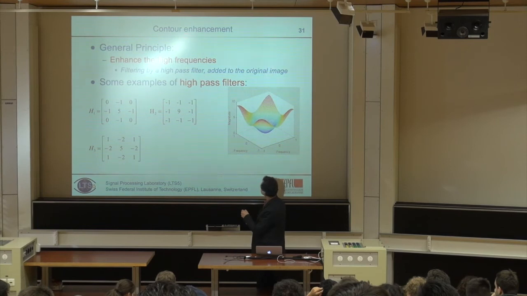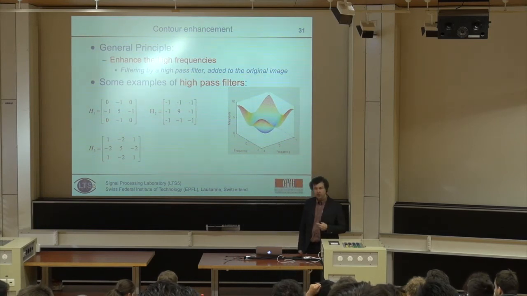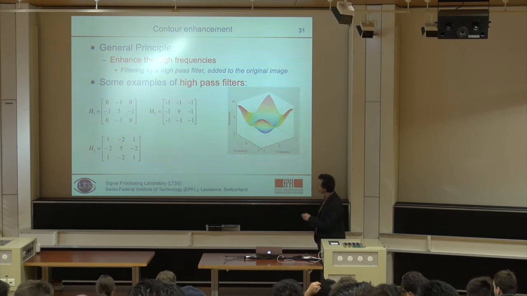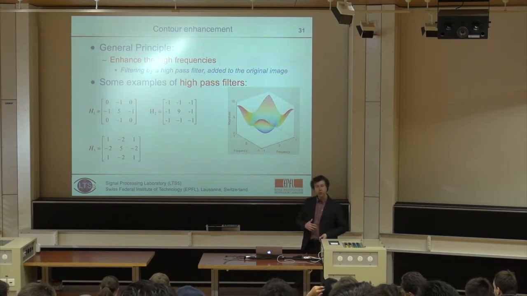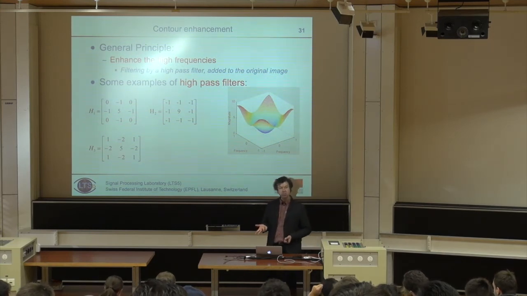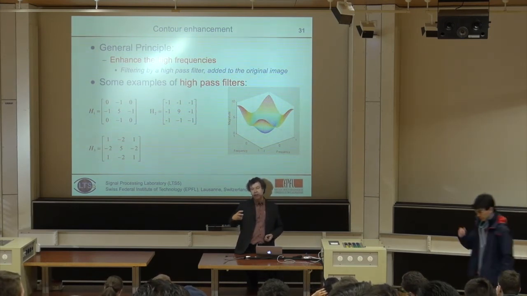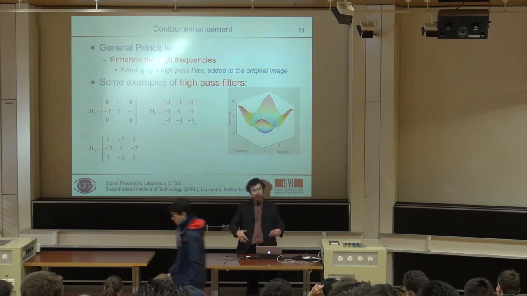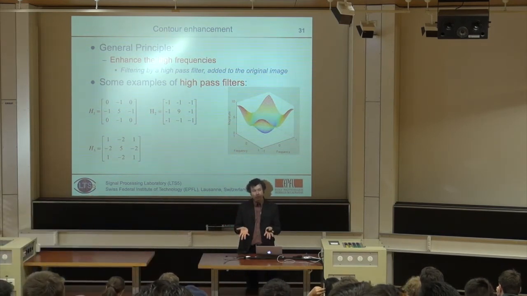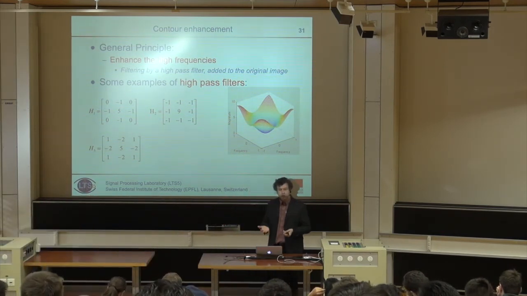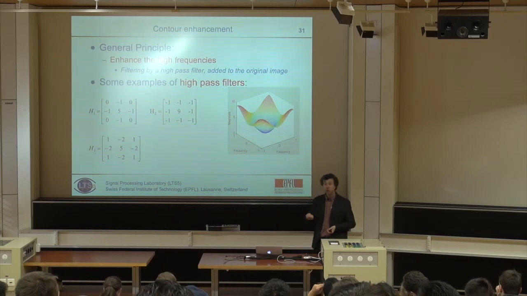The first thing is called contour enhancement. Those contours have been blurred and you want to enhance them. The very natural way to do that would be to apply a high-pass filter on your image, which is obvious. The image has been degraded by a low-pass filter. By applying a high-pass filter, you will boost the high frequencies, so you should recover most of the contours.